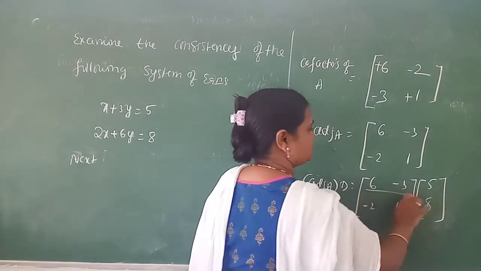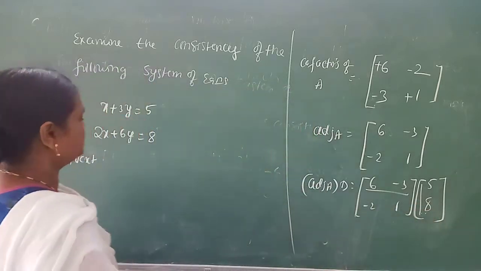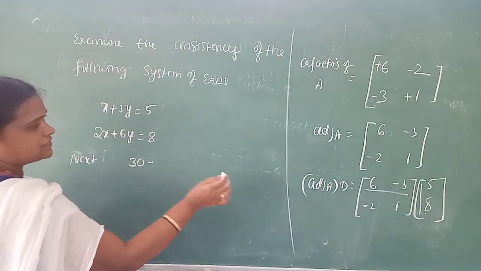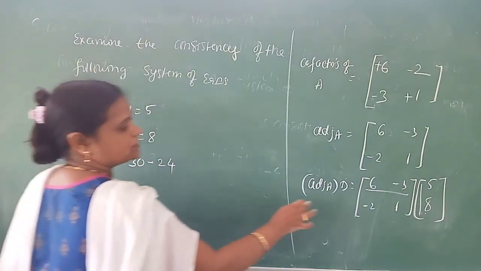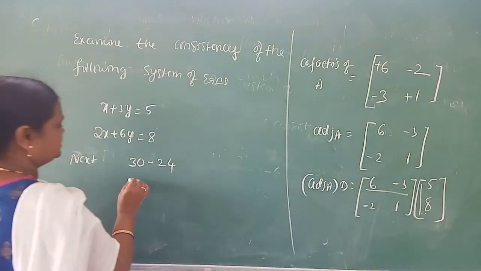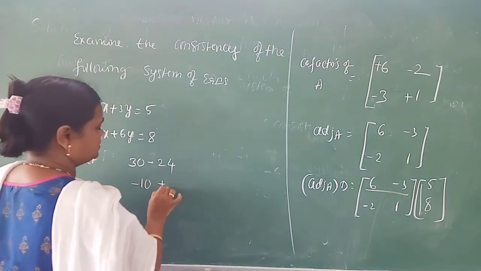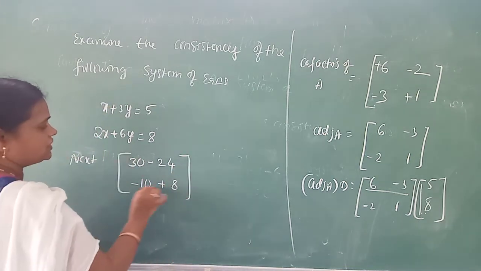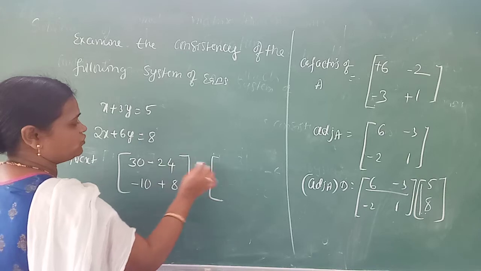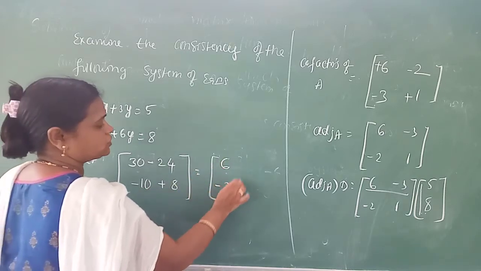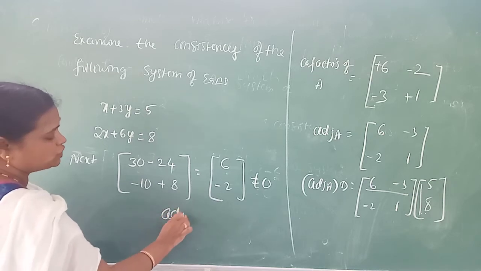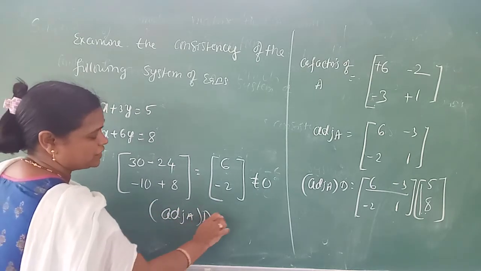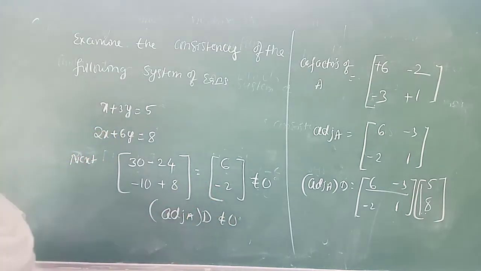First row, first column: 6 5s are 30, minus 3 8s are 24. Next, minus 2 5s are 10, 1 8s are 8. So we get 30 minus 24 is 6, and minus 10 plus 8 is minus 2, which is not equal to 0. Means adjoint A into D is not equal to 0.